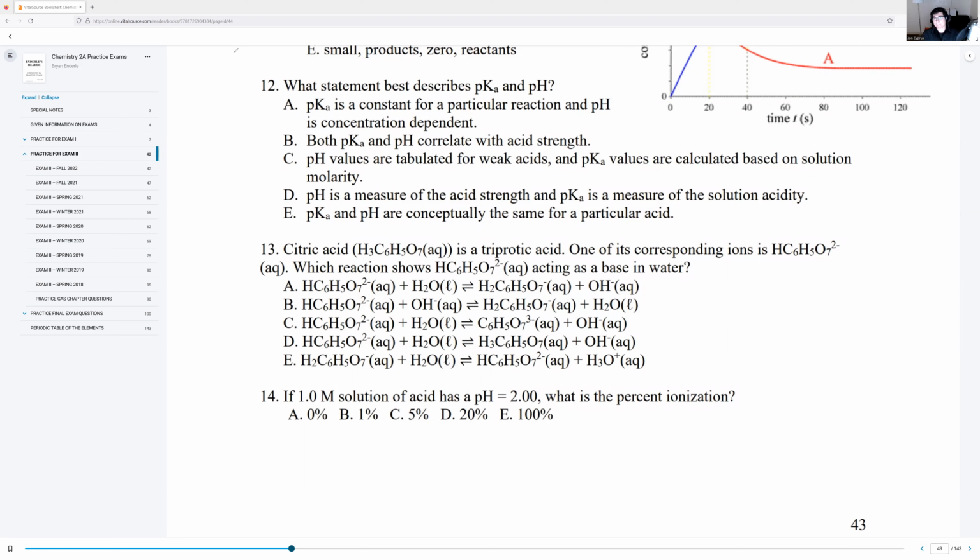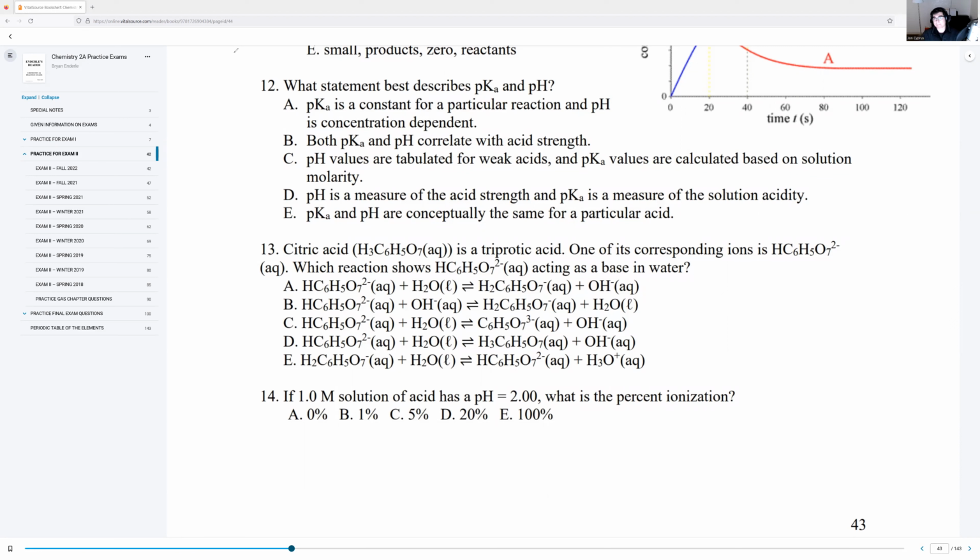So it's an equilibrium constant. pH is dependent on the concentration of hydrogen in a solution. The way to think of the P is taking the negative log of something, kind of like an operator. So pKa is the negative log of Ka, and this is also a constant. It doesn't change. If Ka is a constant, then pKa is a constant.